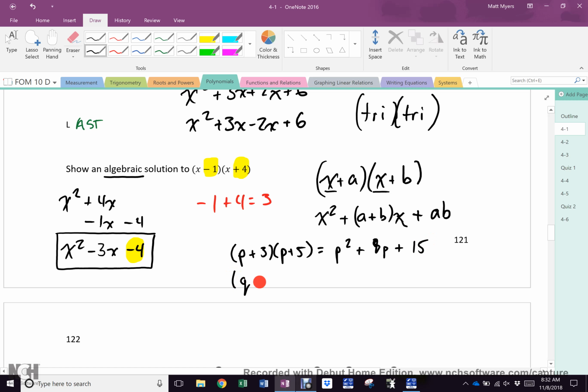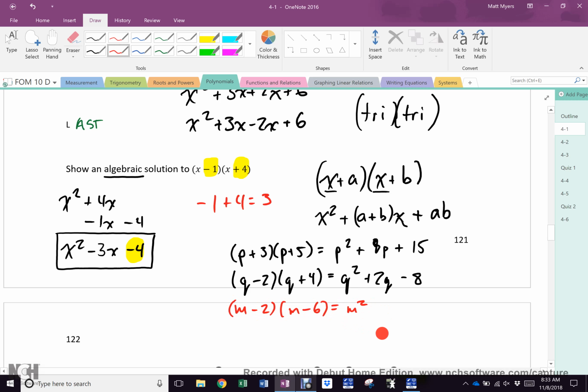What is q minus 2 times q plus 4? Q squared plus 2q minus 8.